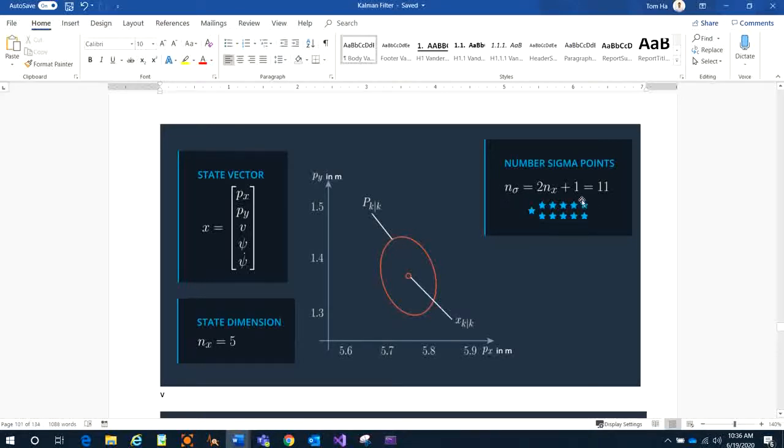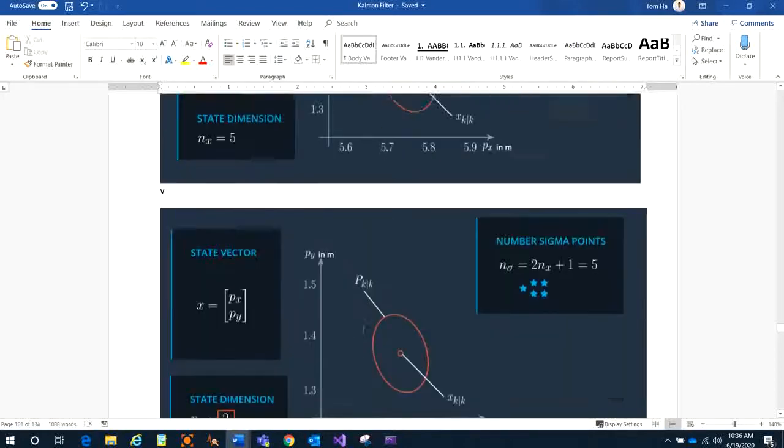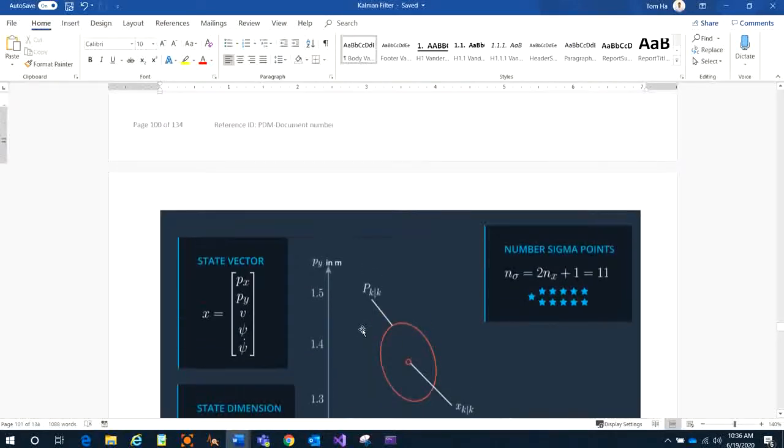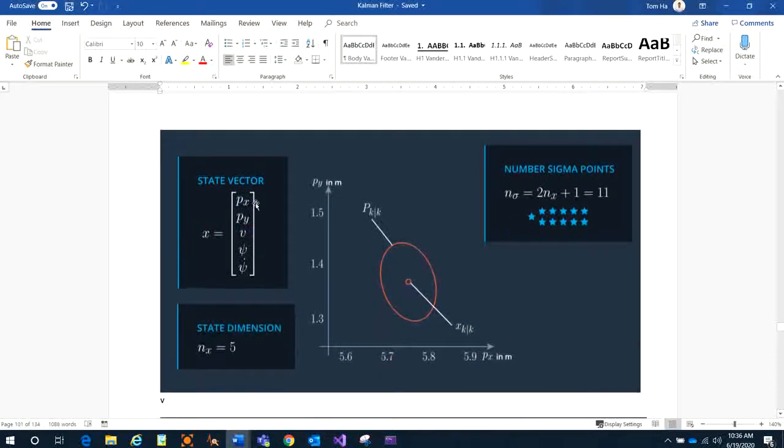We use this formula, right? We plug in 5 right here, we have 11 sigma points. Each sigma point includes px, py, v, yaw and yaw rate. So in this case, you will have one sigma point matrix with 5 rows and 11 columns, right?